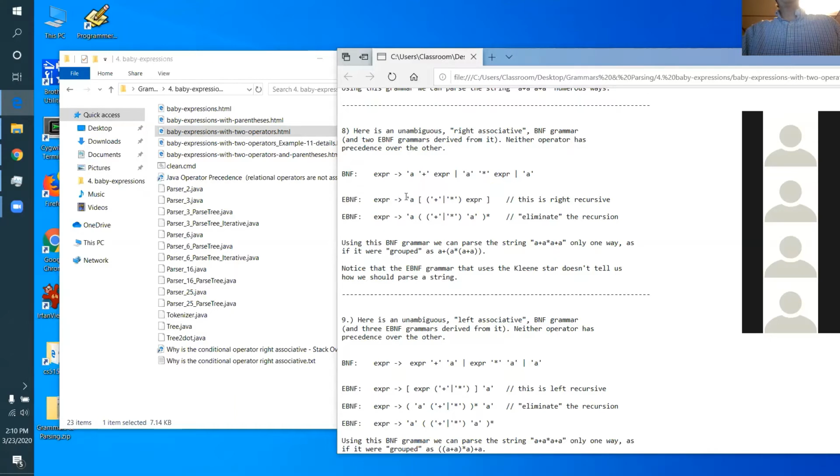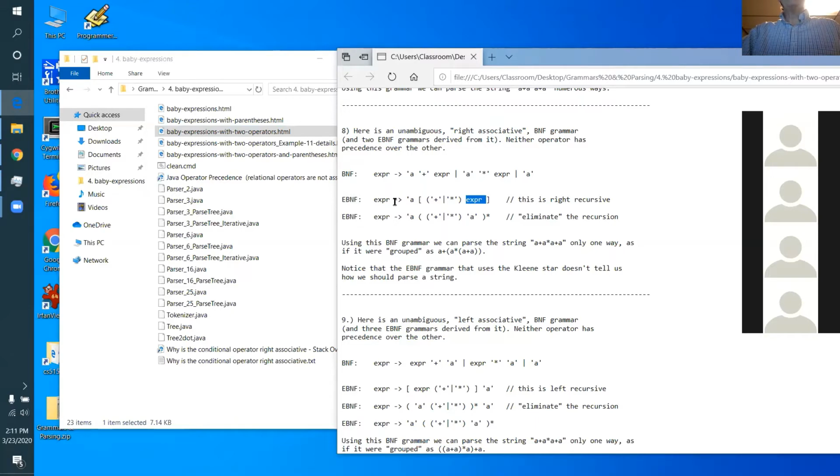So the first thing you do is you grab an A. Then optionally, you look for either a plus or a times. It's optional because in this case, there's nothing after the A. But in the other 2 cases, after the A there's always going to be a times or a plus. Then you recursively get expression.